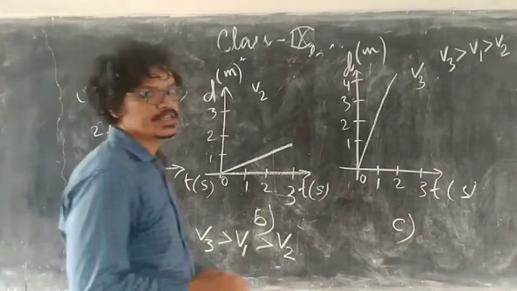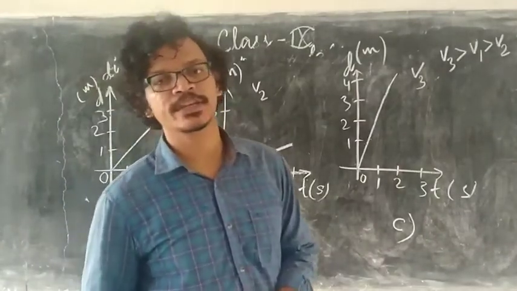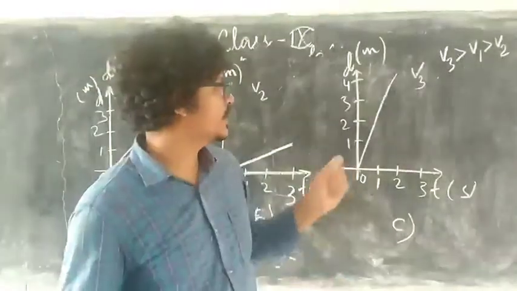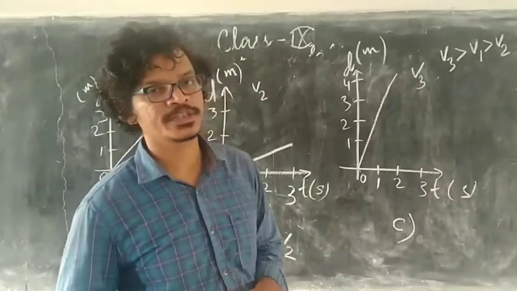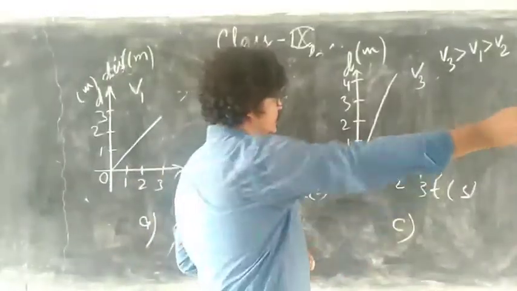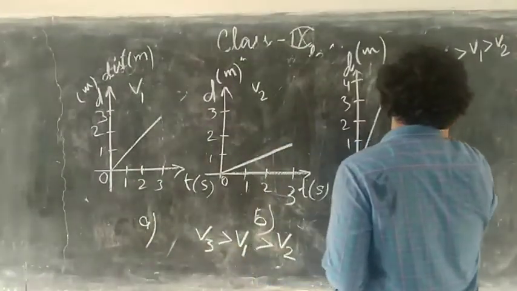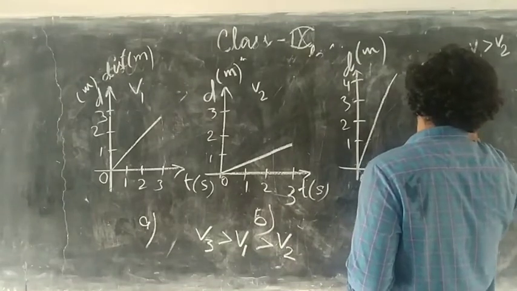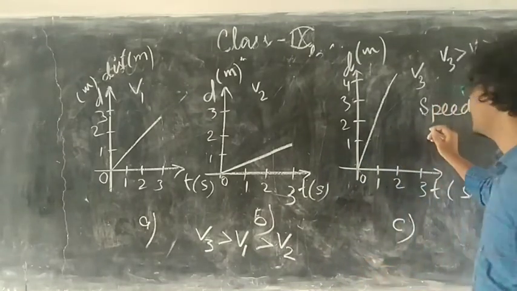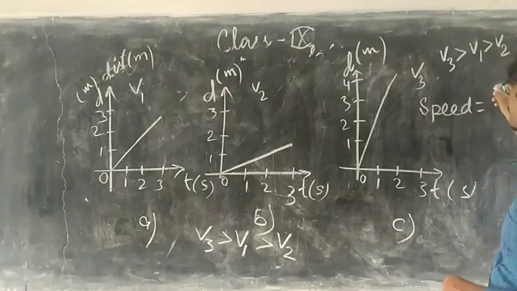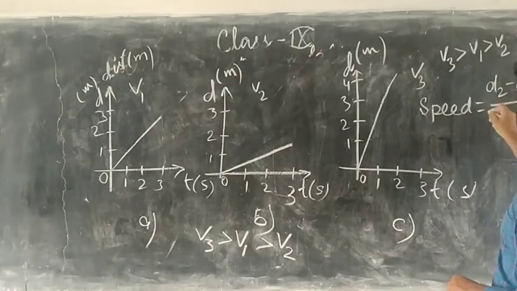So we know that speed is, what is speed? Speed is the rate of change of distance. So from the graph, find out the rate of change of distance. Speed can be given as d2 minus d1 by t2 minus t1.